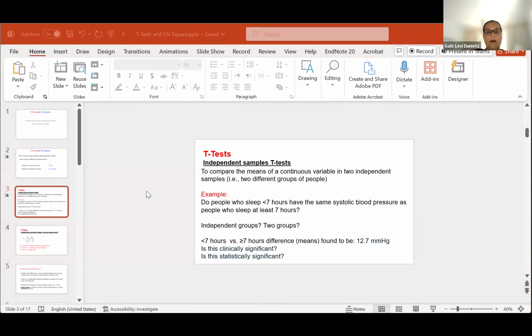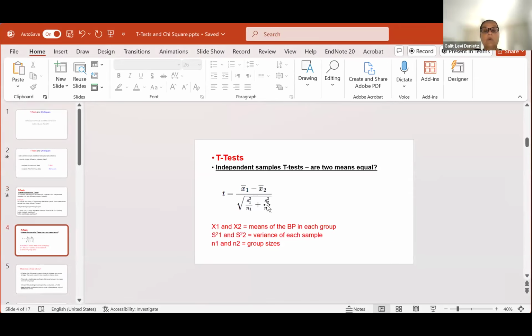Okay, so the statistical significance is different than the clinical significance. What we are trying to do is compute a test statistic to examine whether there is a significant difference between the two groups. How do we do that?